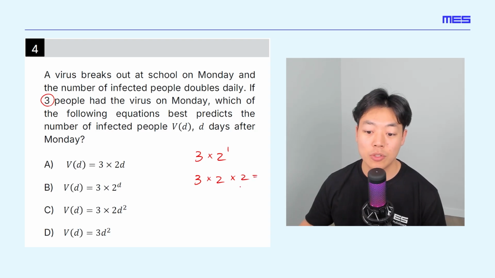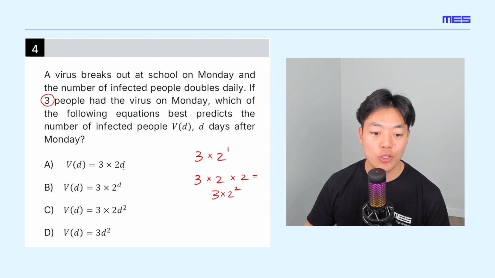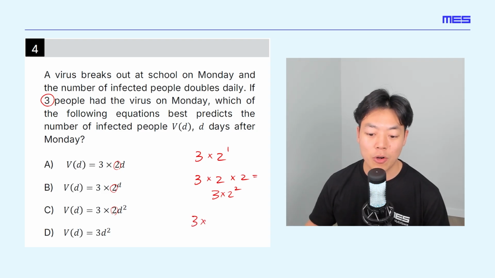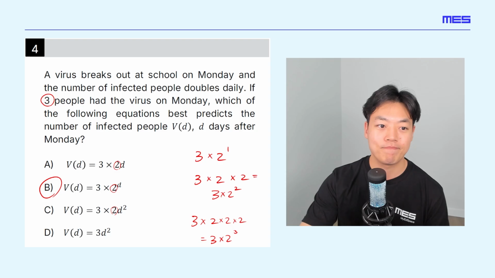So this is equal to 3 times 2 squared. So we kind of already have some structure that we're building. We're definitely going to have 3 times and 2 as the base. But the number of days will be determined by how many times we double. So we have 3 times 2 cubed here. That's how we know letter B will make the most sense here.